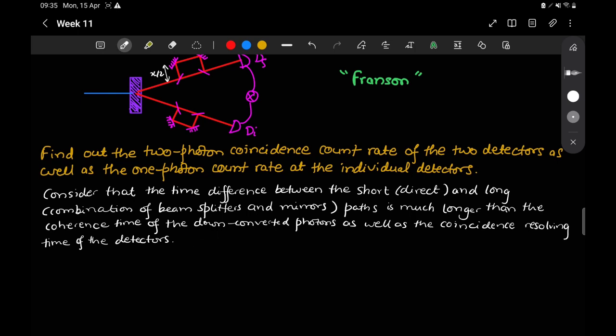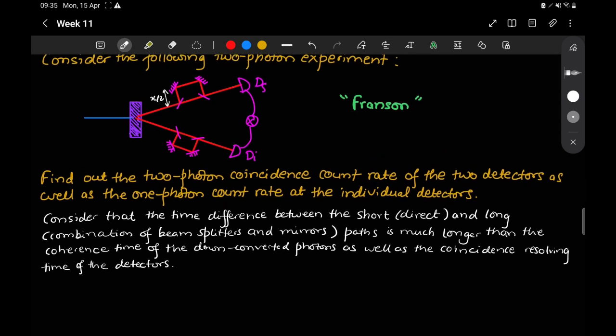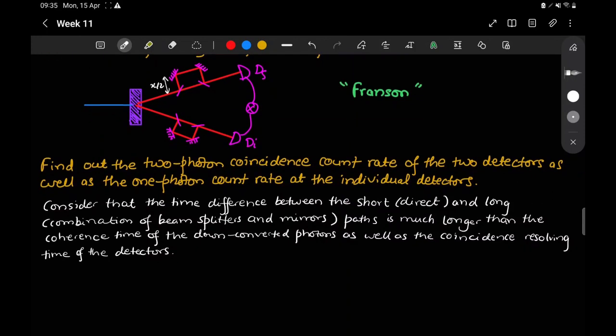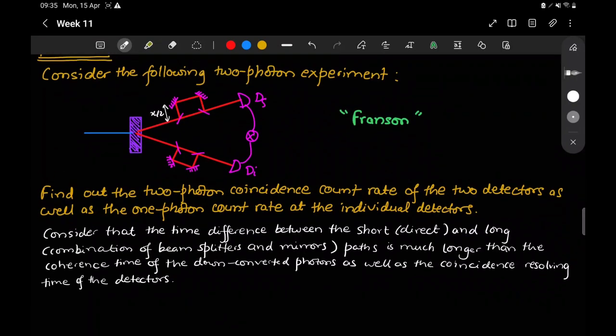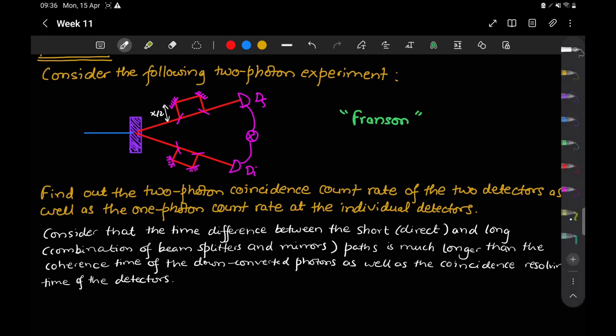The assumption that we are making is that the time difference between the short and the long paths is much longer than the coherence time of the down converted photons as well as the coincidence resolving time. So the short path is this direct path. Let me highlight it.